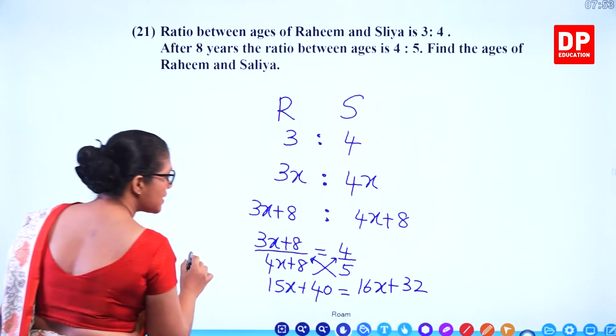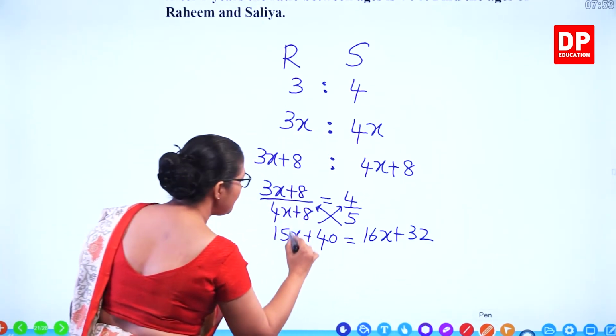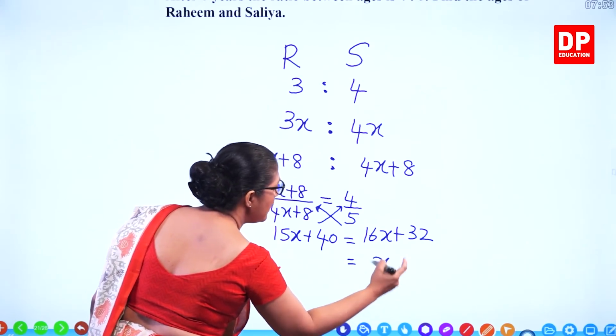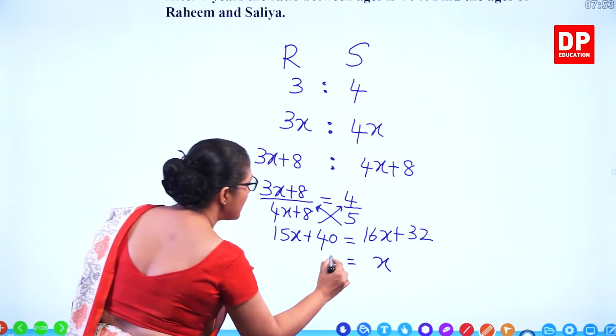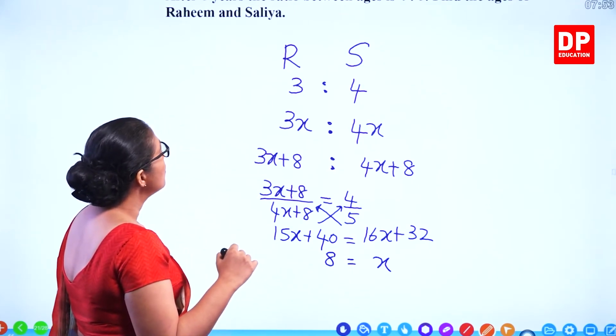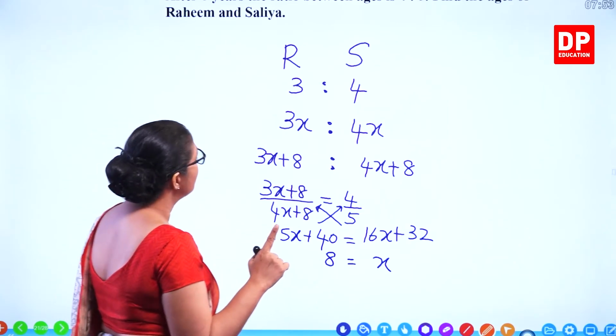Take all terms to one side. I can take 15x to the other side. So I get x here. 32 I'll take to this side. 40 minus 32, that's 8. So x is 8. So what's Rahim's age?